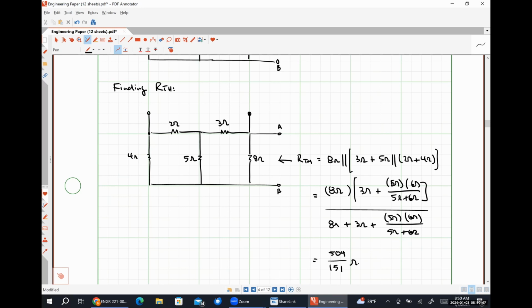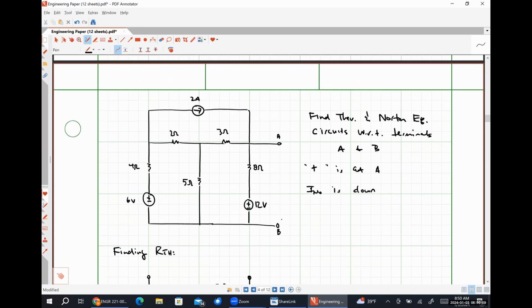All right. So we found RTH, arguably the easier thing. Now, what do we want to solve for? VTH or I naught? Thevenin voltage, okay?